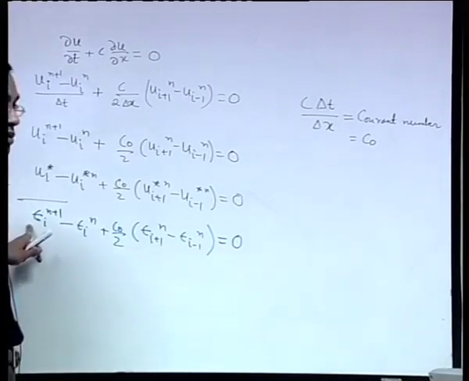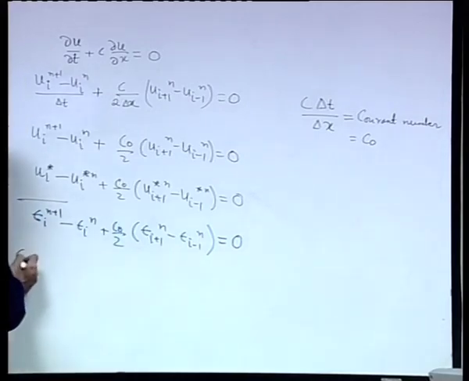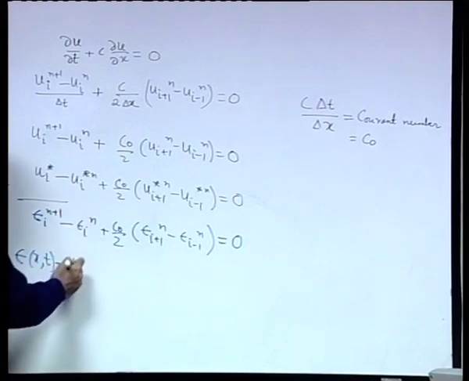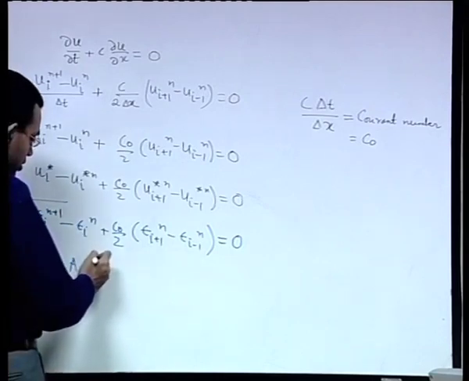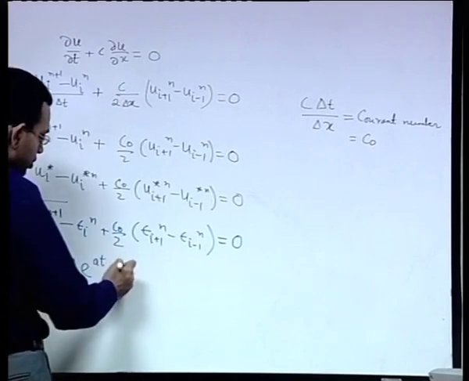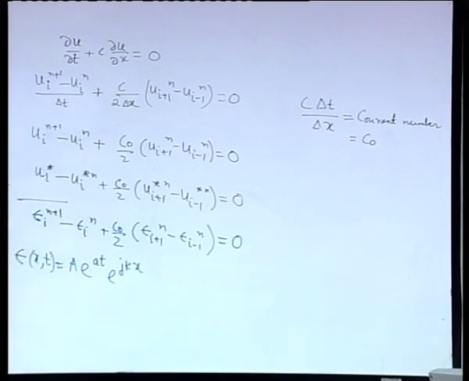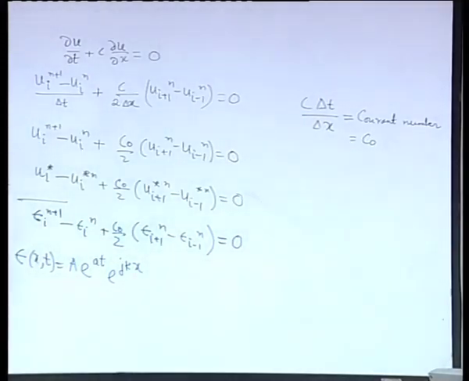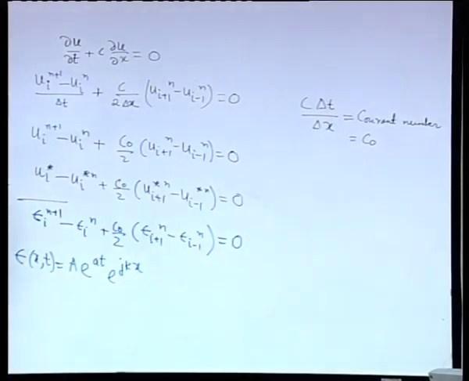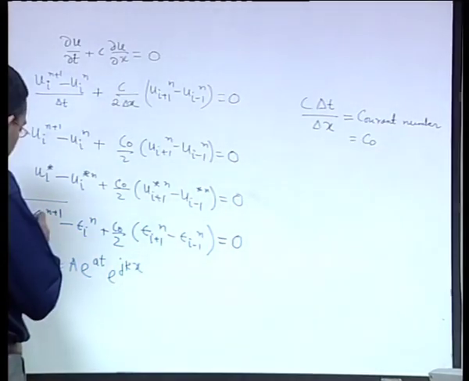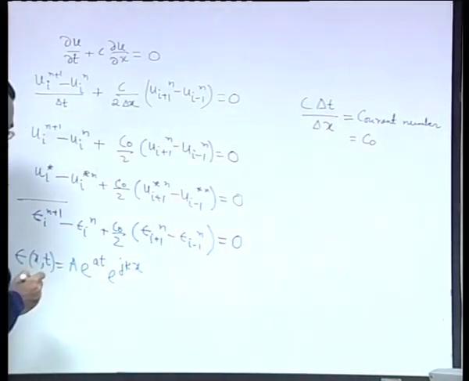Now next we will express epsilon as some A e to the power a t into e to the power j k x, in the same way as we did for the previous equations, where j is square root of minus 1. So if we substitute that, what we will get?